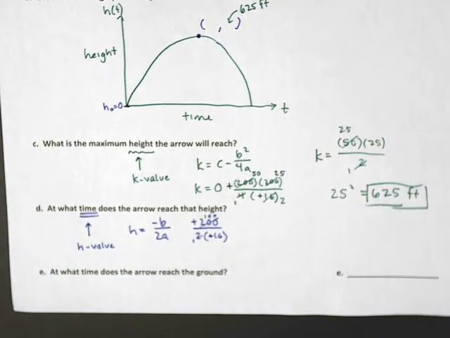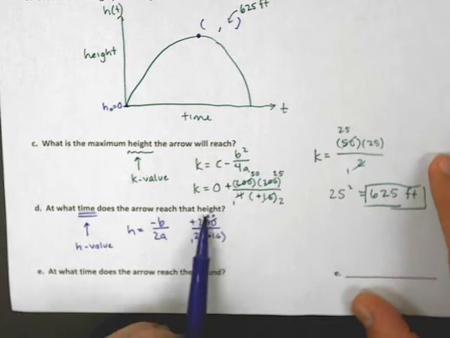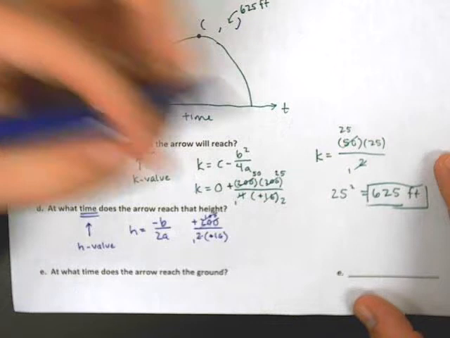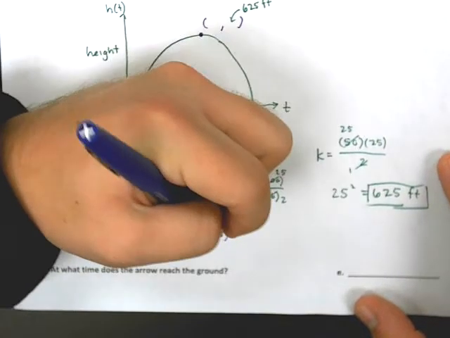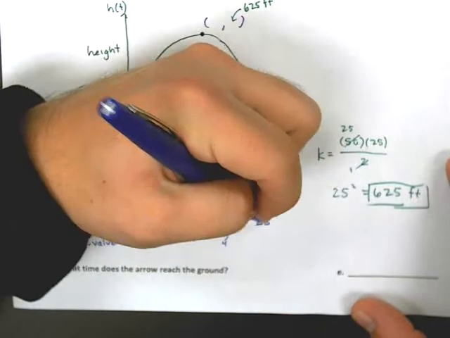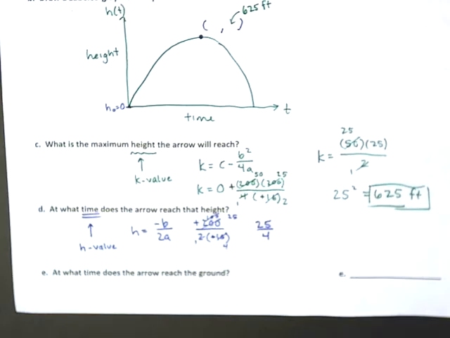I can definitely take out a 4 from the 100 and the 16, so let's do that too. I know it's getting a little messy, but I can do that. So now I know that h is 25 over 4, and I can't reduce that anymore.